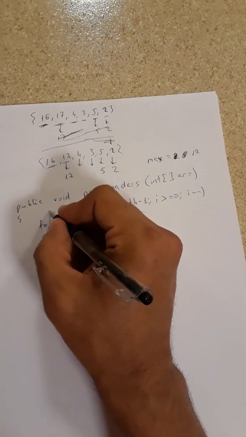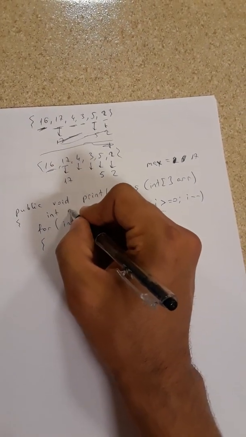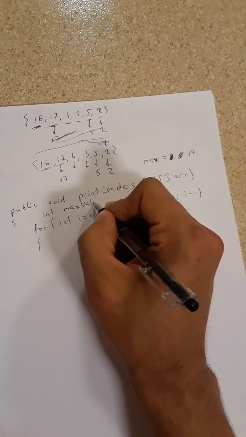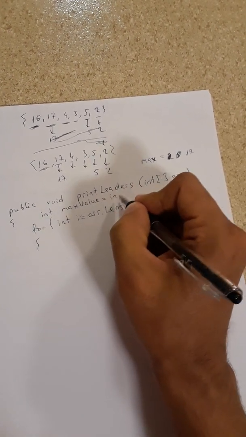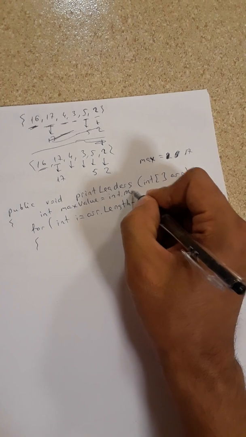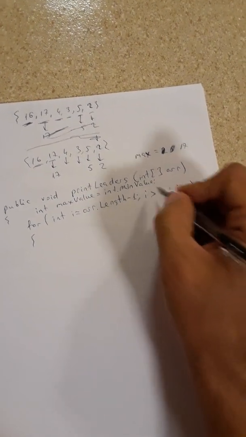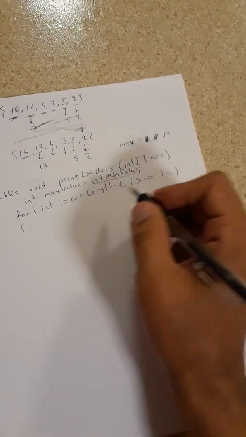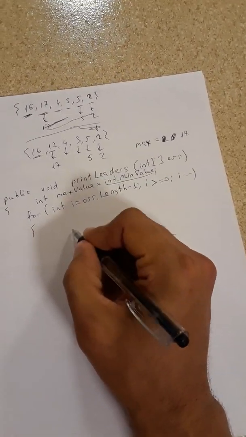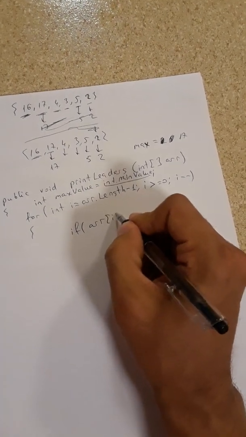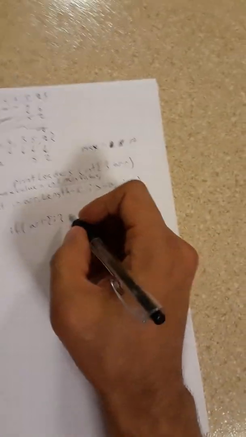At the beginning I need to declare my max value, whose initial value will be just the integer's minimum value. Here I will always compare it with my element from the array.